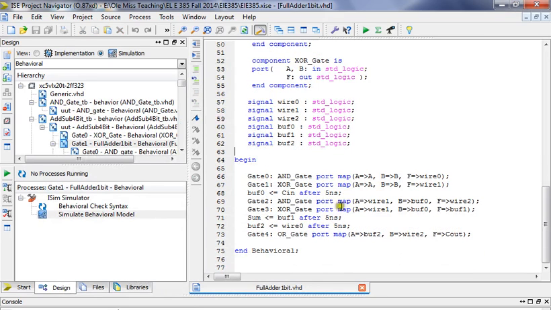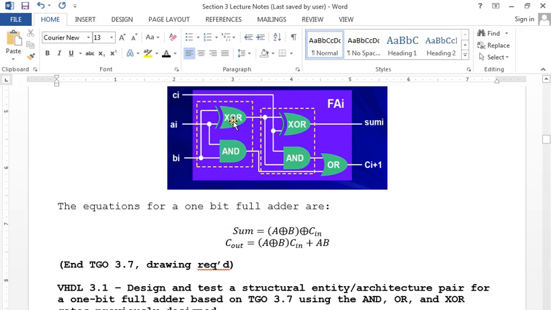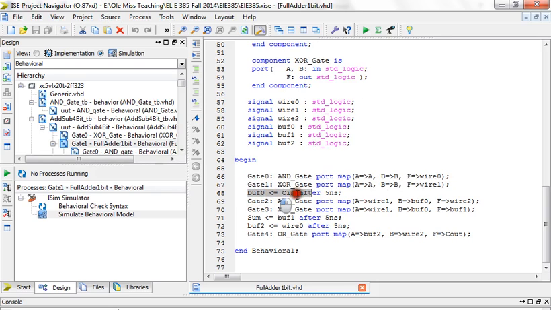And so gate 0 and gate 1 are the AND gate and OR gate, right? So I'm just mapping A to A, B to B, and wire 0 to wire 1. So in this case, it's just A to B, it's wire 0. Yes, I'm sorry, wire 0 is this one, and wire 1 is this one. So now I don't want this C input overrunning it, right? So what I want to do is I buffer the C input.